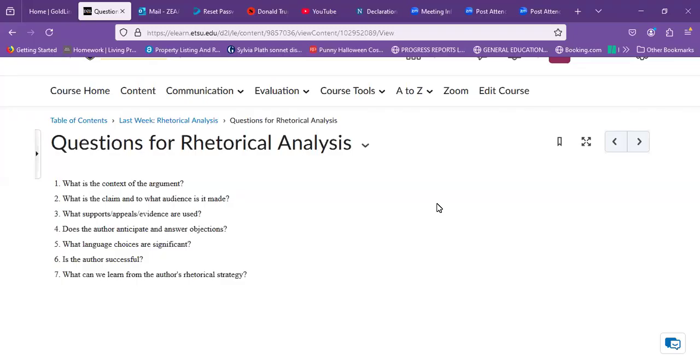For number three, you might find that certain types of appeals aren't used in an argument. Most successful rhetoric, most good rhetoric is going to have ethos, pathos, and logos in it. An exception might be academic arguments.